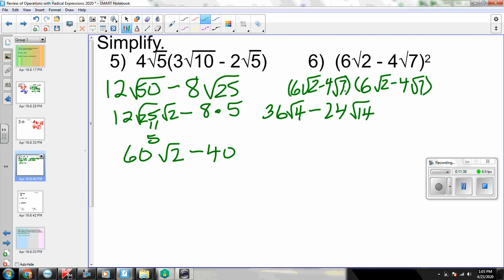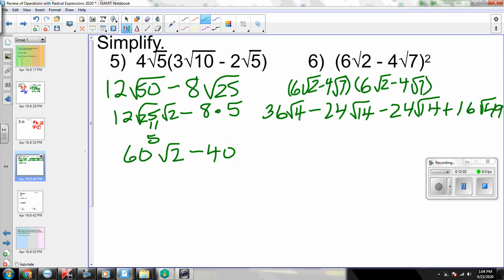Inside would be a negative 4 radical 7 times a 6 radical 2. So that would also be a negative 24 radical 14. And the last would be a negative 4 radical 7 times a negative 4 radical 7. So that would be a positive 16 radical 49.